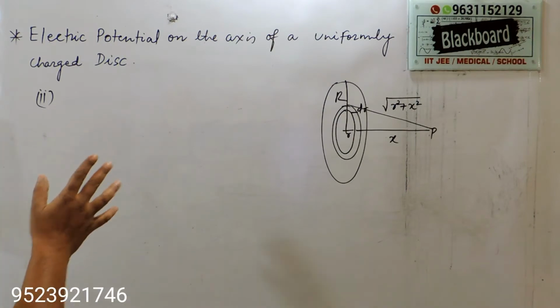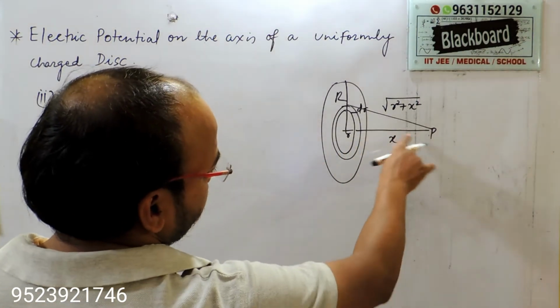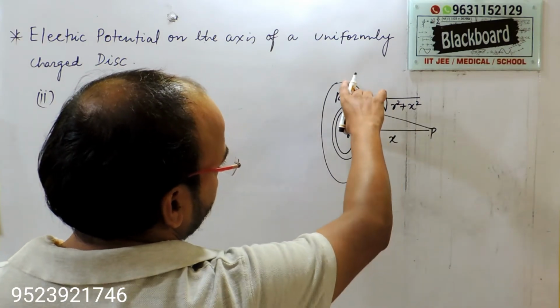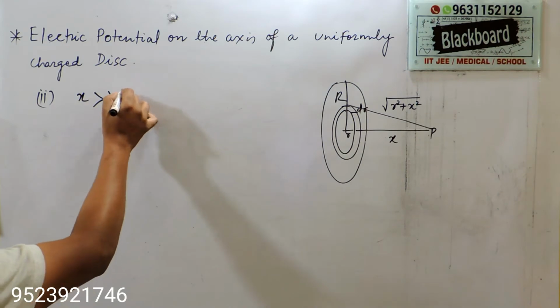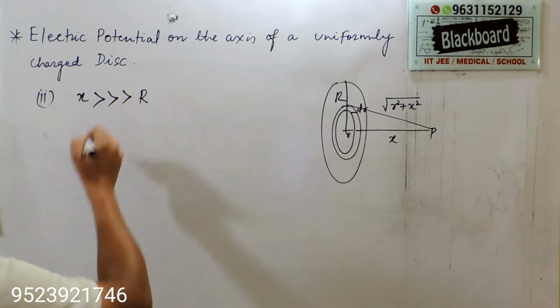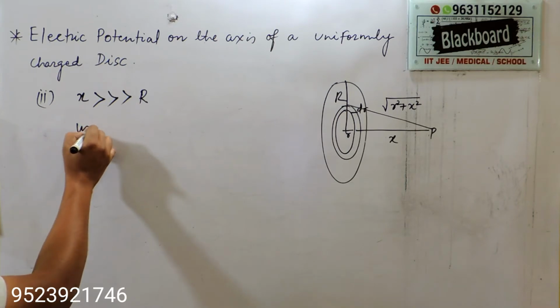Now special case 2: if this distance x is very large with respect to the radius of the disk, you can use the binomial theorem.